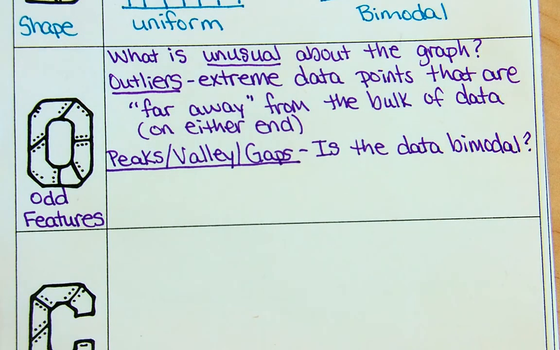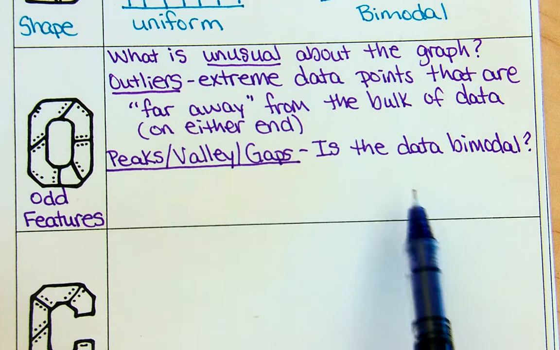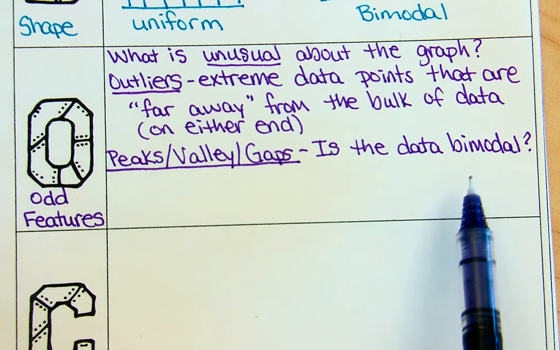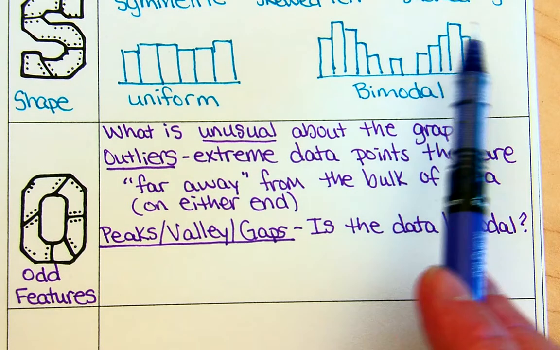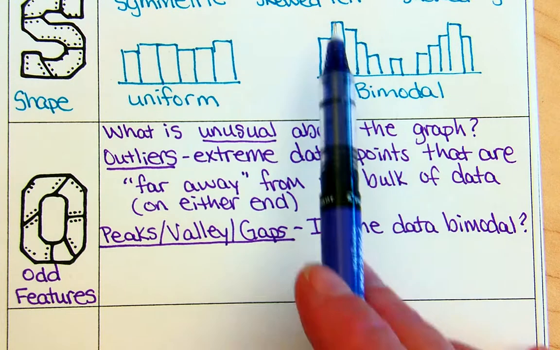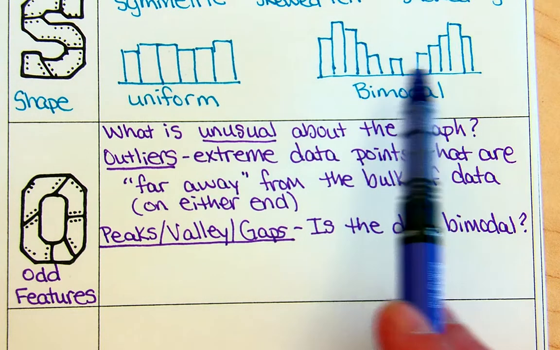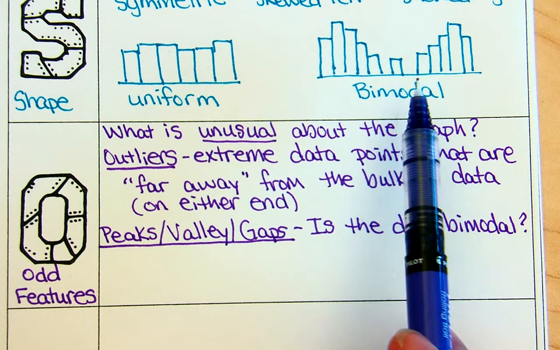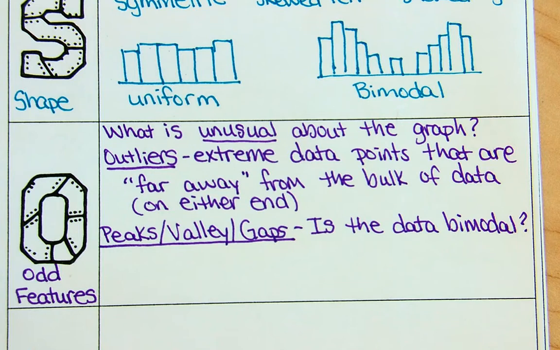You're not going to see bimodal very often. Maybe once or twice this whole year will we see data that is bimodal. It's not going to happen very often. People try to make everything be bimodal, but it's not. Okay? So that would be an unusual thing. If it were bimodal, you would say there's a peak at this x value, there's a peak at this x value, there's a valley between this value and this value. You would describe those attributes. Okay?